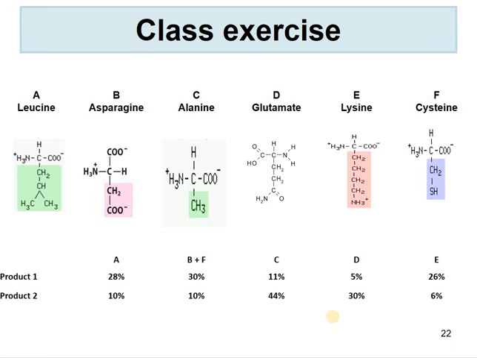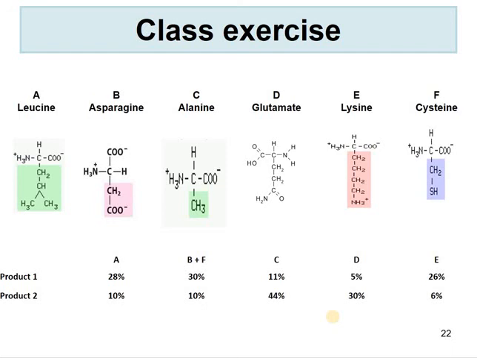Just to recap, we spoke about the introduction as to why proteins are important, because they participate in all biological functions, and for them to do that, we have to obtain them from food. We spoke about the essential and non-essential ones, the ones that we require from the diet because the body cannot produce. Then we spoke about the simple protein structure, boiling it down to the amino acid.